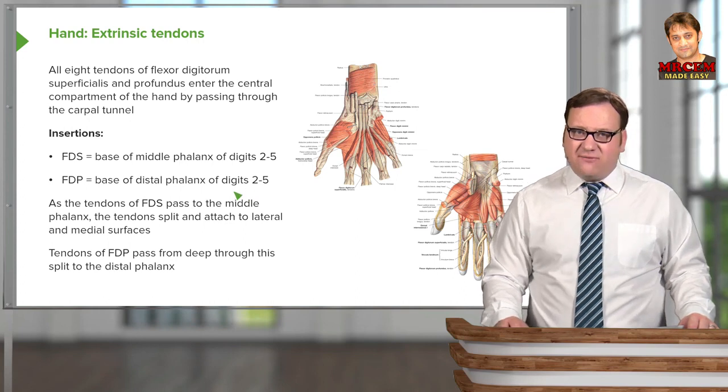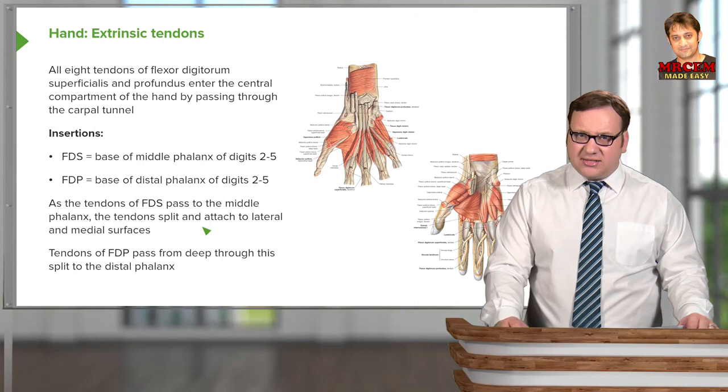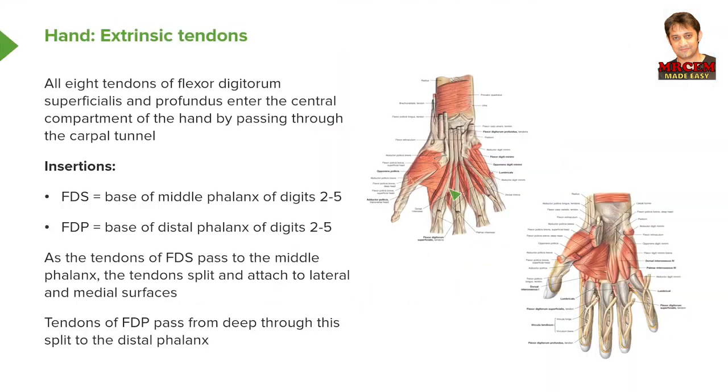As the tendons of flexor digitorum superficialis pass to the middle phalanx, the tendons actually split, and we can see that here. Here we can see the tendon of FDS passing towards the middle phalanx and splitting. See it here? We can also see it happening here.